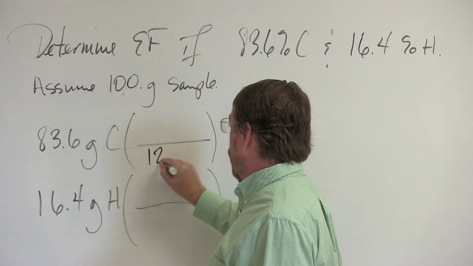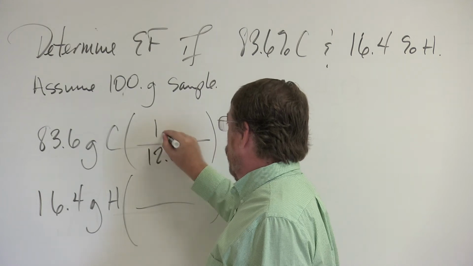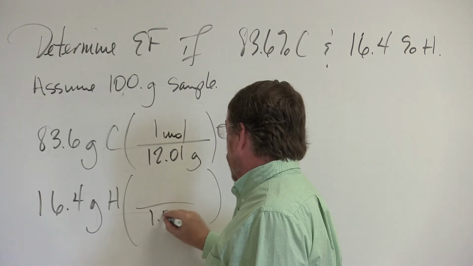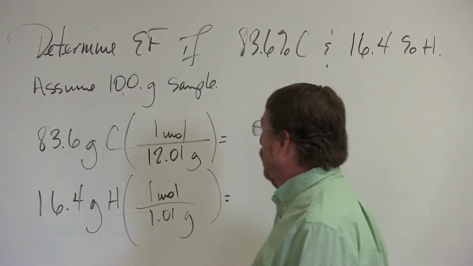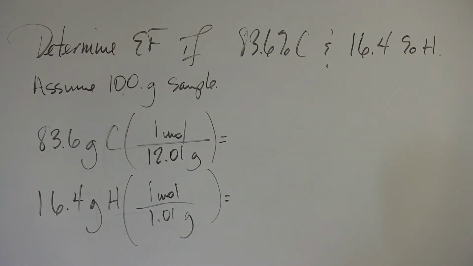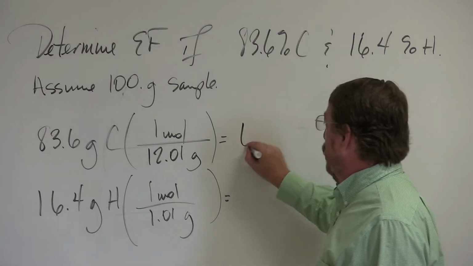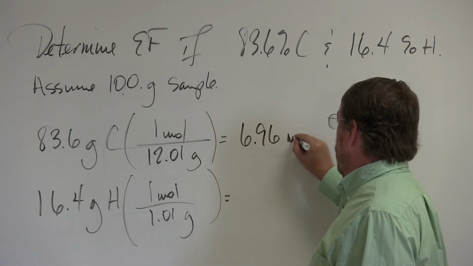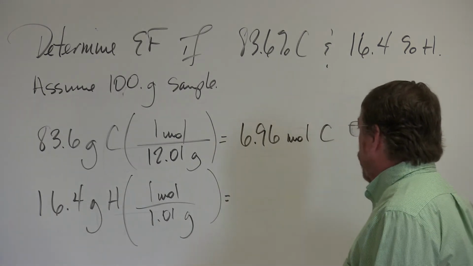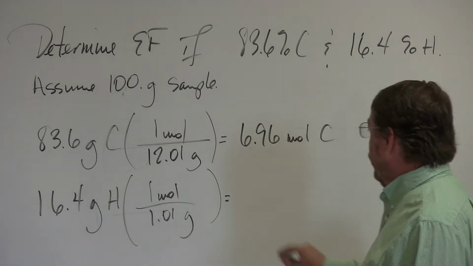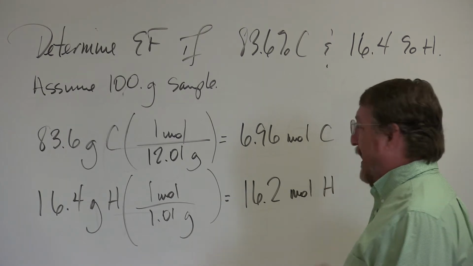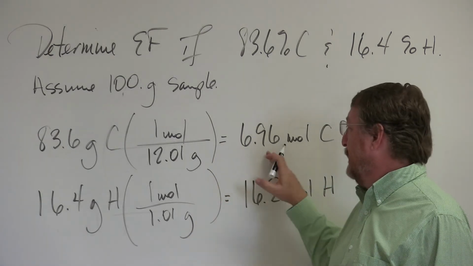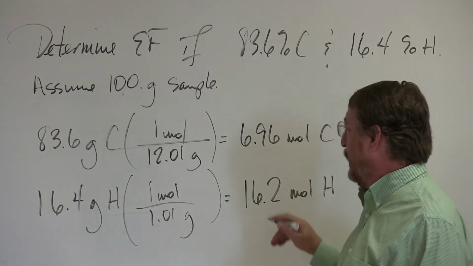Convert these into moles. 12.01 grams, 1 mole. 1.01 grams, 1 mole. Punch that into our calculator. We're going to get 6.96 moles of carbon. We're going to get 16.2 moles of hydrogen. So we have 6.96 moles of carbon, 16.2 moles of hydrogen.